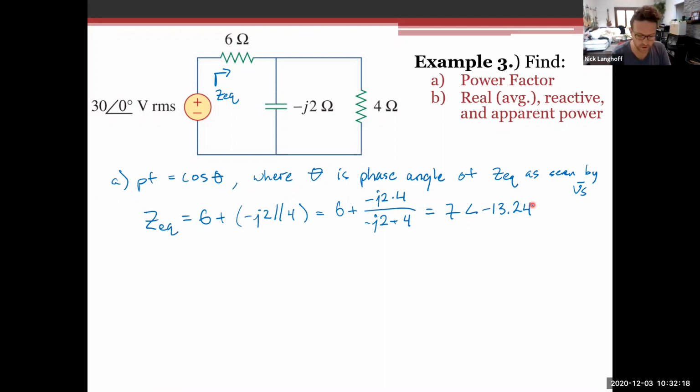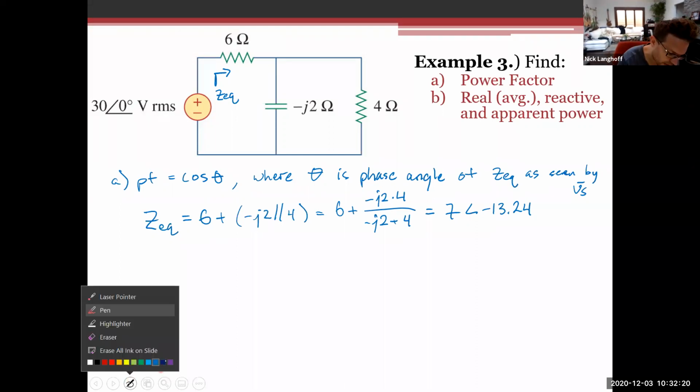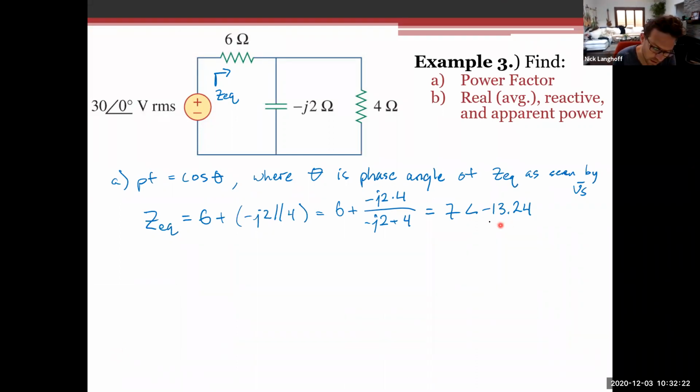Now, notice that this is a negative phase angle, and so this is predominantly capacitive. Is that any surprise to us? Not at all. There are no inductors in this circuit. There's only one capacitor, and so we expect the phase angle of the impedance to be negative, at least by some degree.